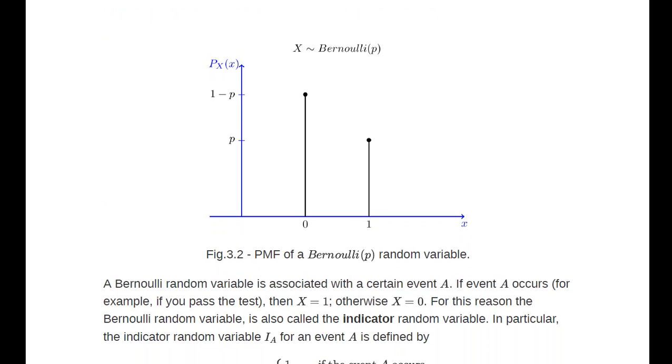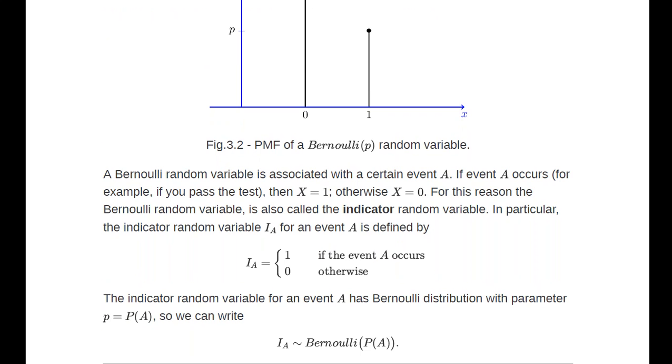A Bernoulli random variable is associated with a certain event A. If event A occurs, for example, if you pass the test, then X = 1, otherwise X = 0. For this reason, the Bernoulli random variable is also called the indicator random variable.